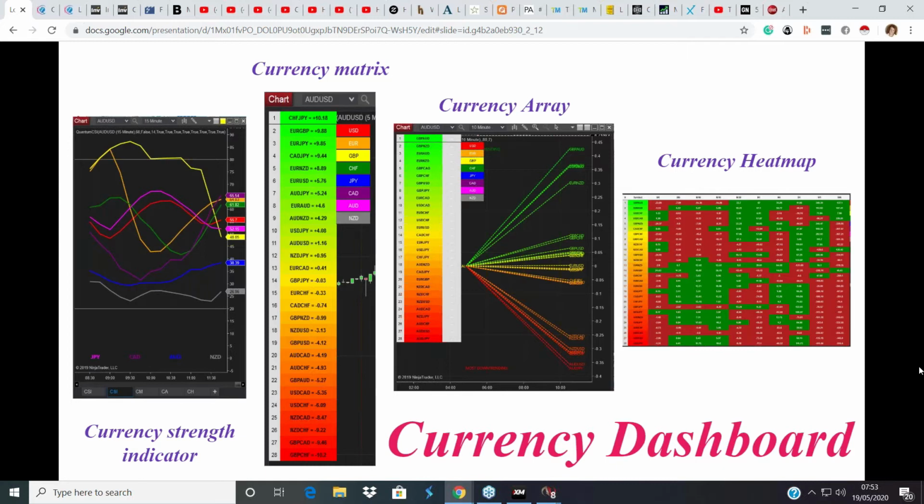You don't have to inspect hundreds of charts, because what we've done with the indicators is disassemble the Forex market into the movements and flows in the individual currencies, and then show where those flows are strongest and in what pairs. That is really a feature of the Forex market.